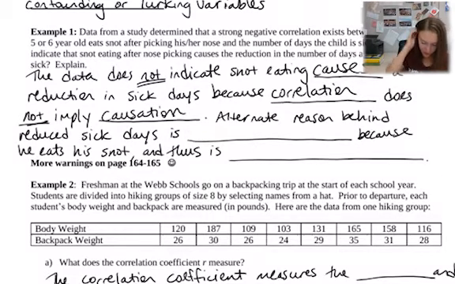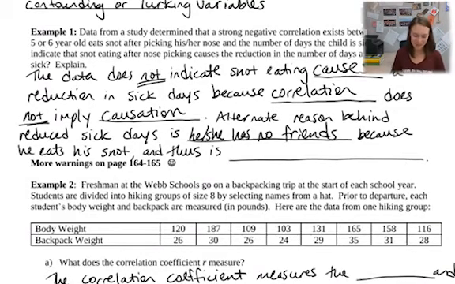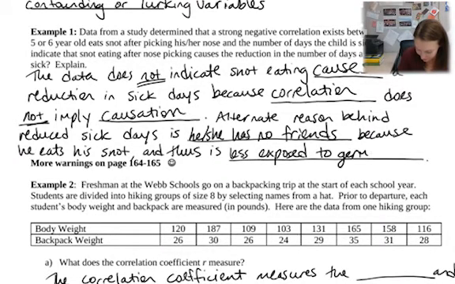Okay, so another reason why we might see reduced sick days is because he or she has no friends, which is a little sad, but because he or she eats snot, he or she might not have friends, which means they are less exposed to germs from other kids.